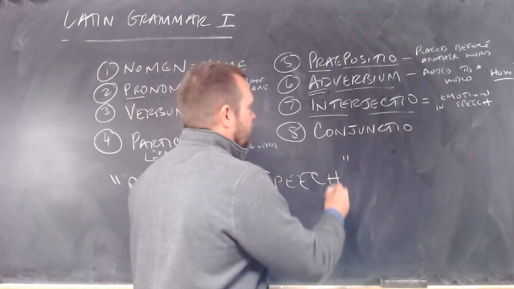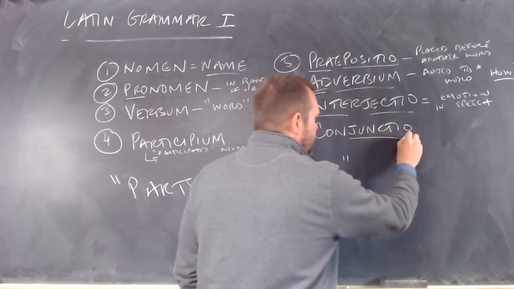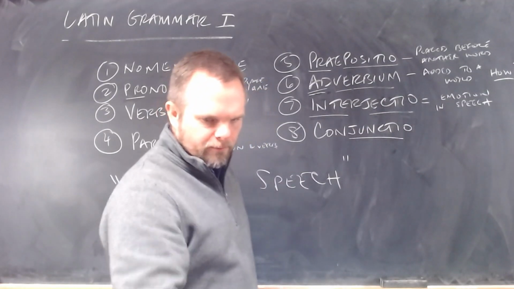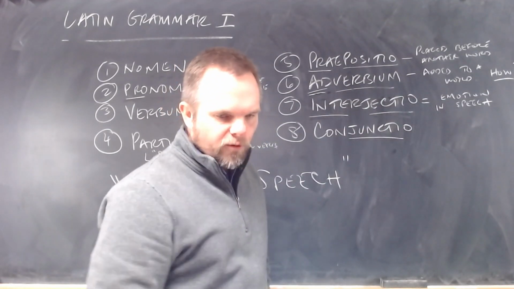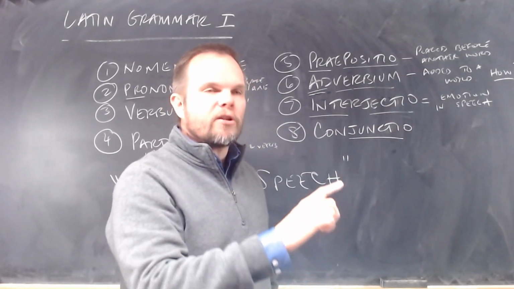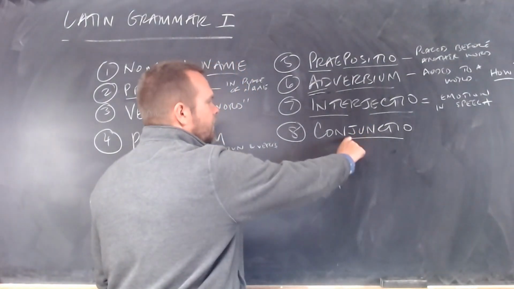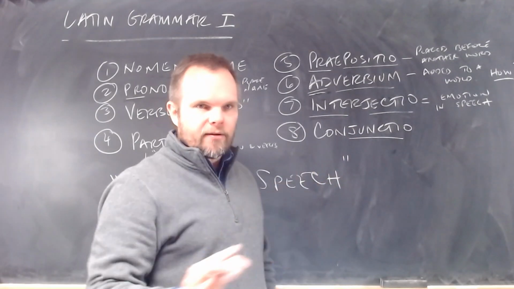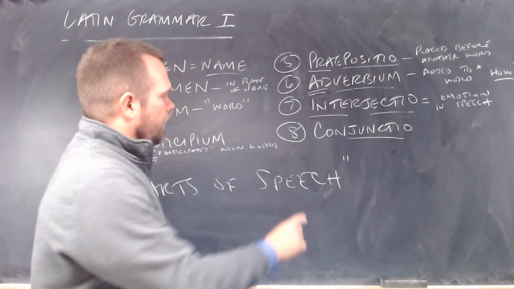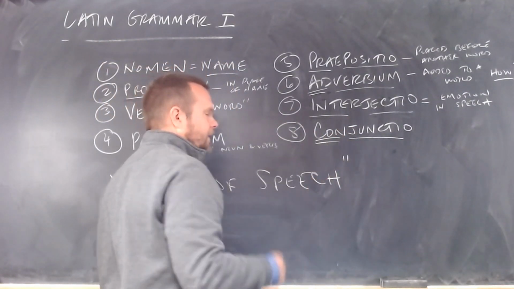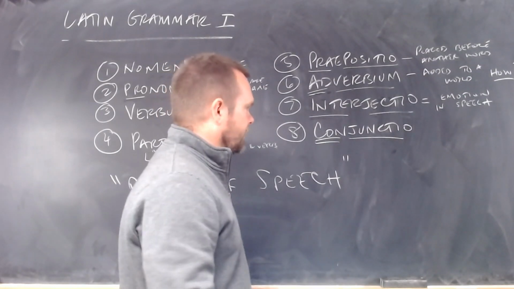And lastly, conjunction, junctio. In rule number 4 of lesson 1, we saw the word juncte, which means joined. Same word here. Junctio means joining together. And con means together, together with.